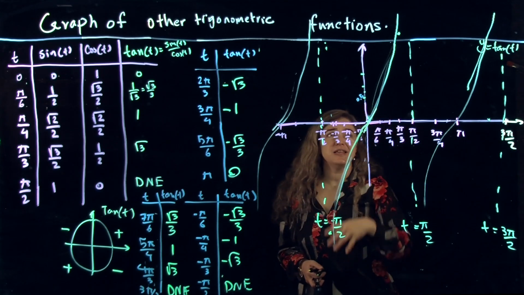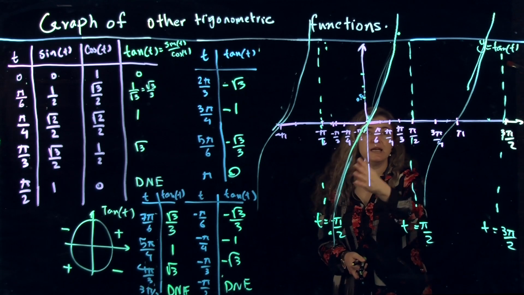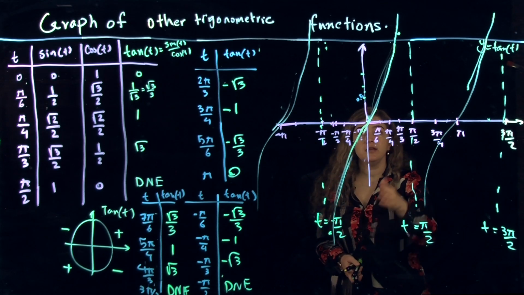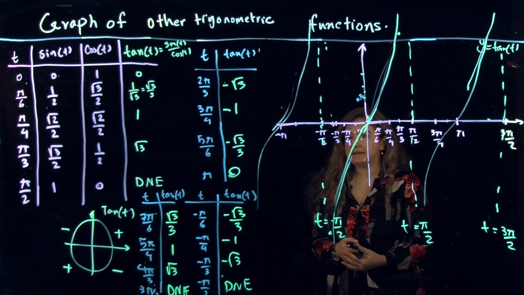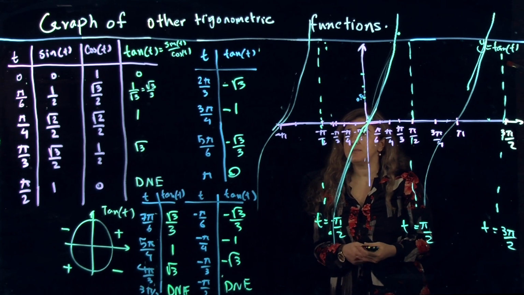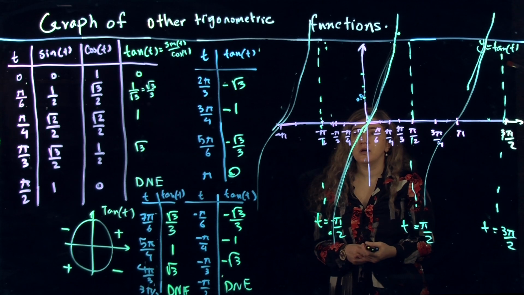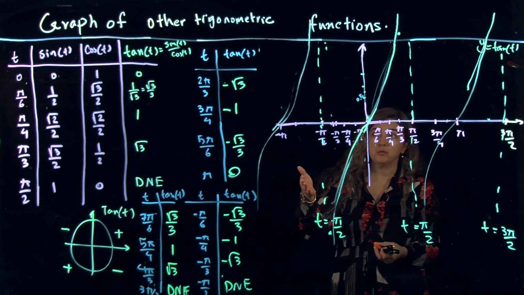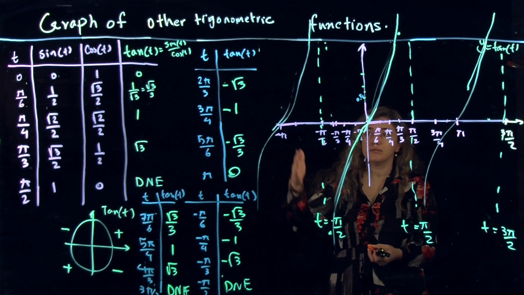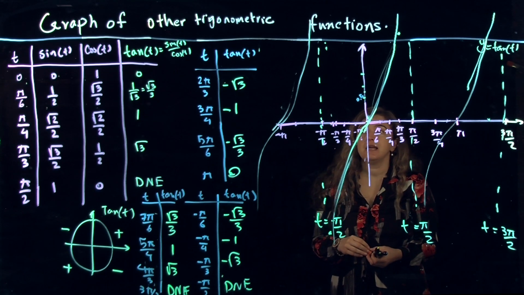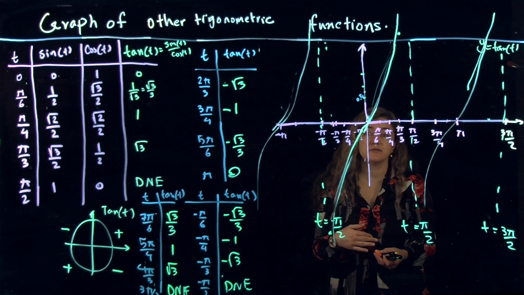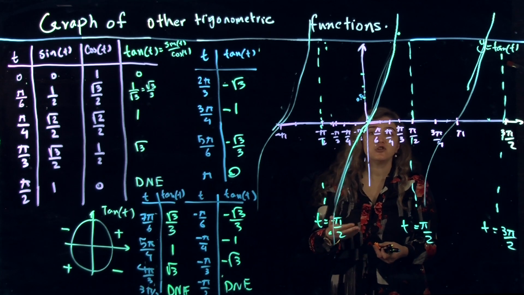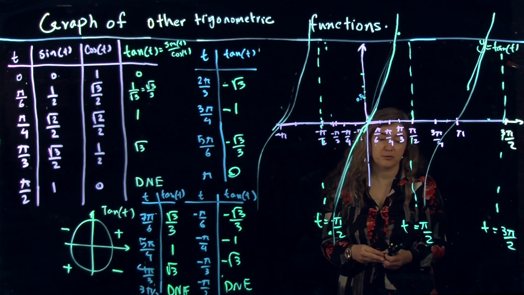Yeah, and so that's the point. And then at every pi period, it starts repeating itself. So the next part is the same principle applies, and we want to draw at least y equal to secant of t, and then transformations on all of these will apply also.